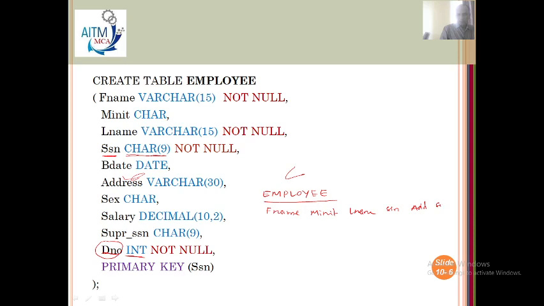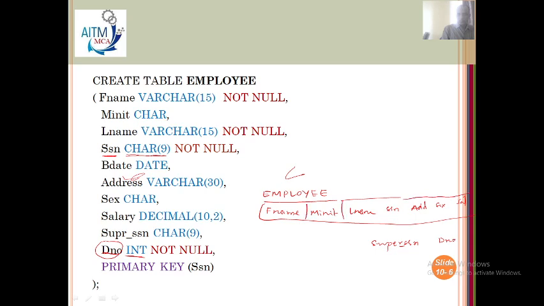Okay, then sex, then salary, then super SSN, then DNO. Okay, see, these are the attributes of an employee table.